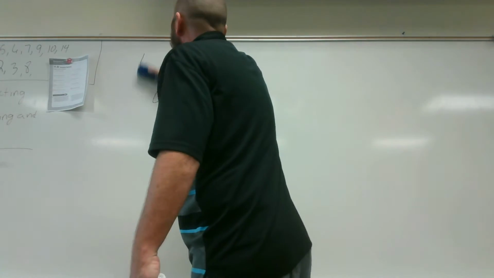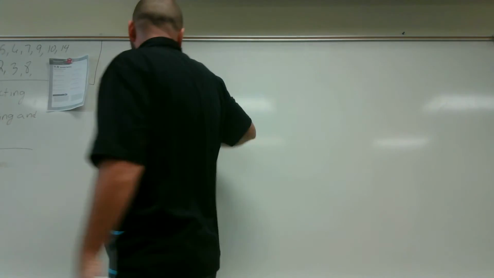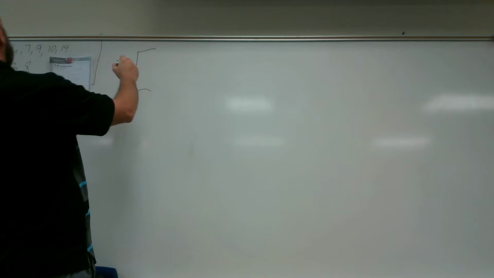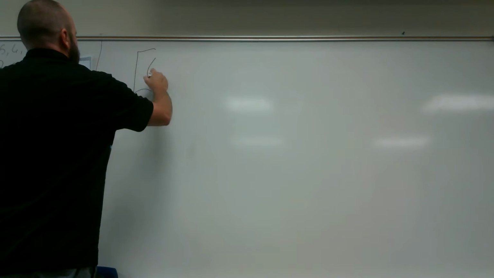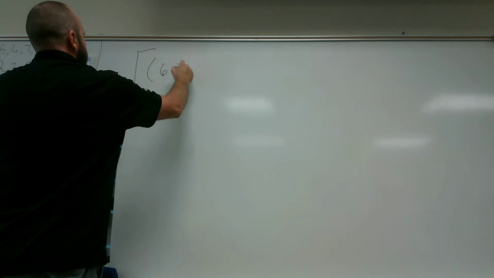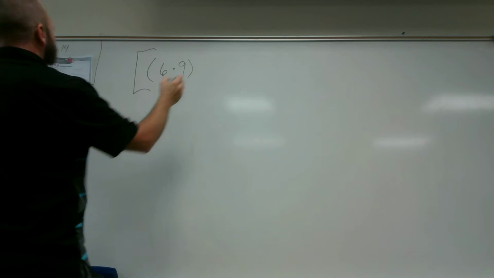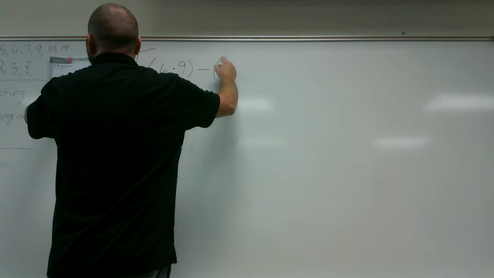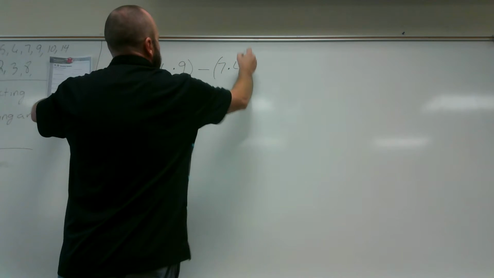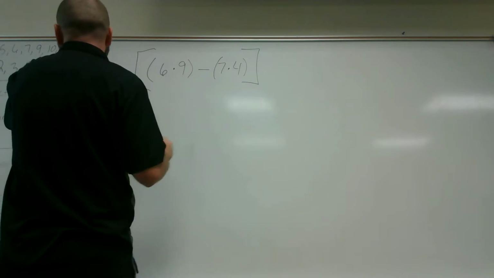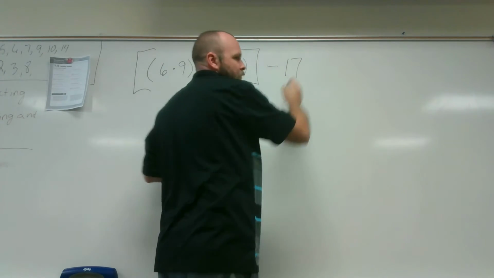All right, the next one I said I would do is problem number 8, which is 6 times 9, subtract 7 times 4, and all that's in brackets, subtract 17.